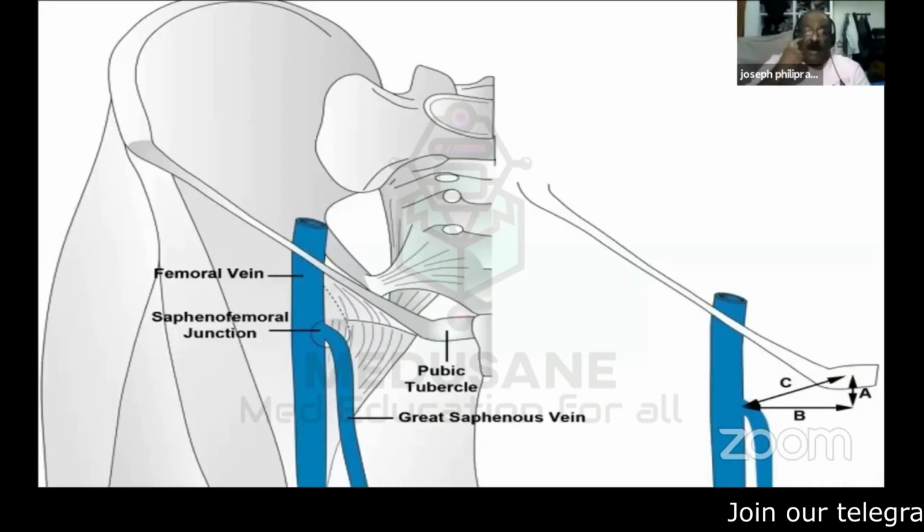Now, examination of these patients is very important to look at what is the cause. Basically, like I said, it can manifest from the long saphenous system, or it can involve the short saphenous system. The long saphenous system involves the long or great saphenous vein.